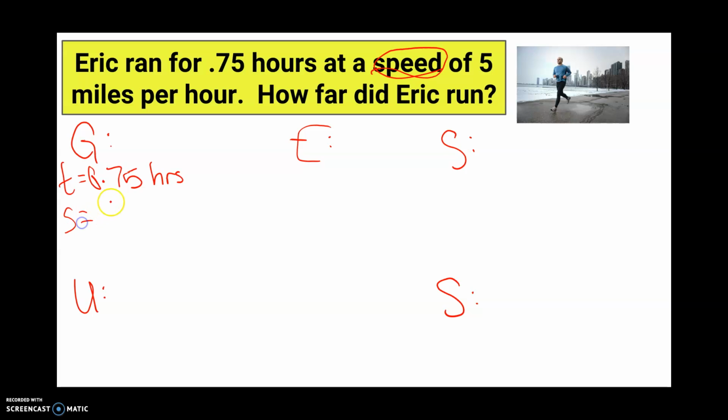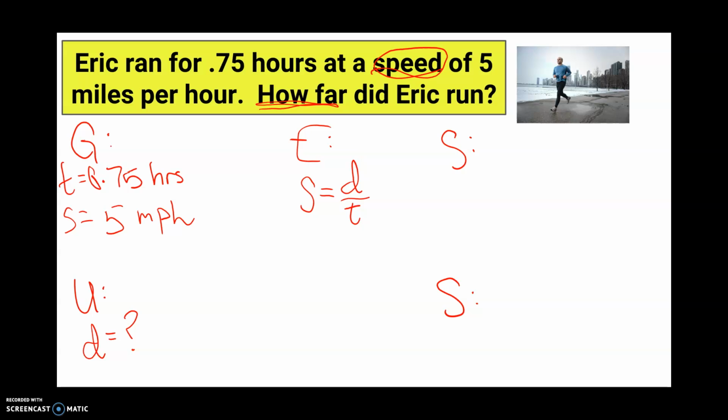So S equals 5 mph, which is miles per hour. And I want to know how far did Eric run. So that means my unknown is the distance, because I don't know how far. I know the speed and I know the time, but I'm missing that distance. So my equation is again going to be speed equals distance divided by time.